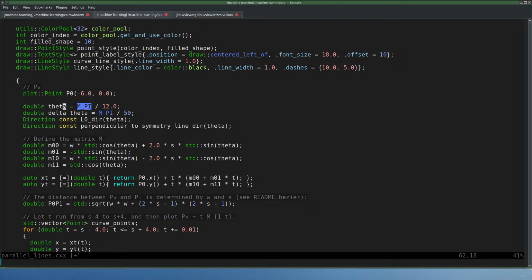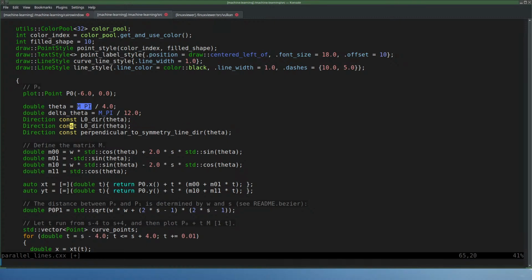So maybe I should make this one more 45 degrees-ish, that is pi divided by 4, and then this one divided by 12. So we have another direction for line 1, which is then theta plus delta theta.